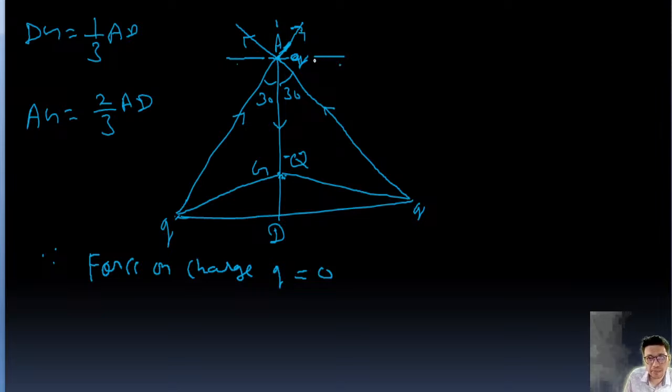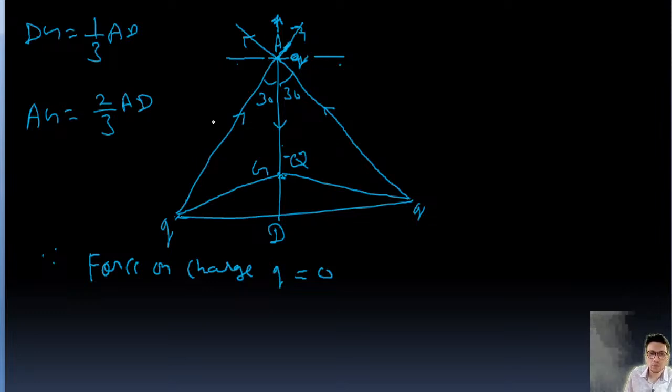The f sin theta components will get cancelled, as these are opposite forces. The f1 cos theta and f2 cos theta are towards this direction, and the force due to Q is toward the opposite direction, and these are equal and opposite. That's why the force on this is 0. I hope you have understood it.